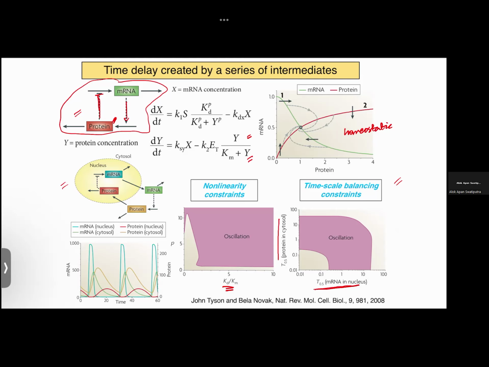Now, think physically, what does it mean? If suppose you're in this system, what does it mean? Your half-life of mRNA in the nucleus is very small. Your half-life of your protein outside the nucleus is also very small.